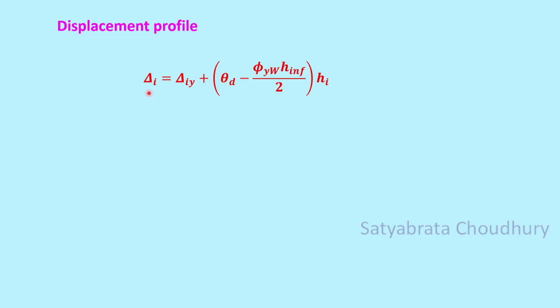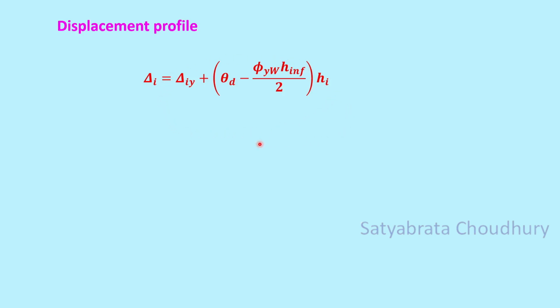Delta I is the displacement of the whole system at the ith floor. Delta IY is the yield displacement of the wall at the ith floor level. Theta D is the design drift. Phi YW is the yield curvature of the wall. H inflection is the inflection height of the wall. HI is the height of the ith story in the building.